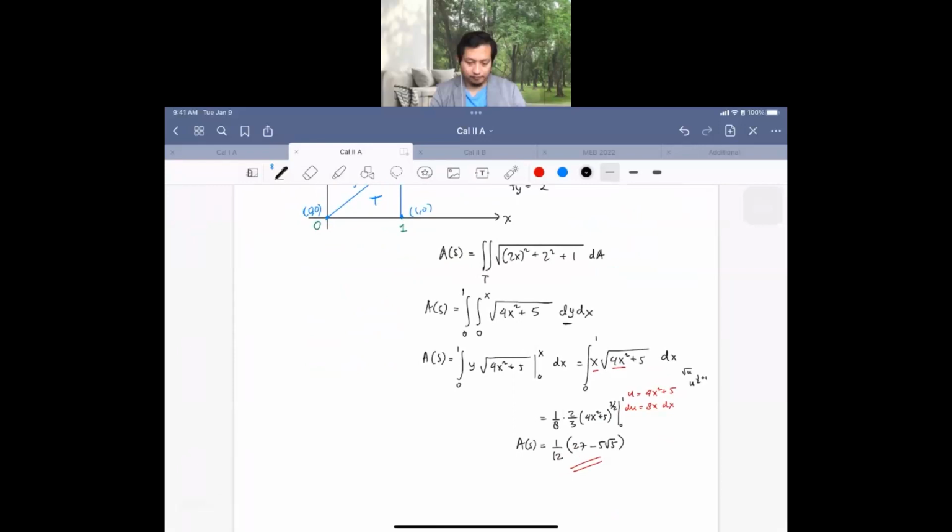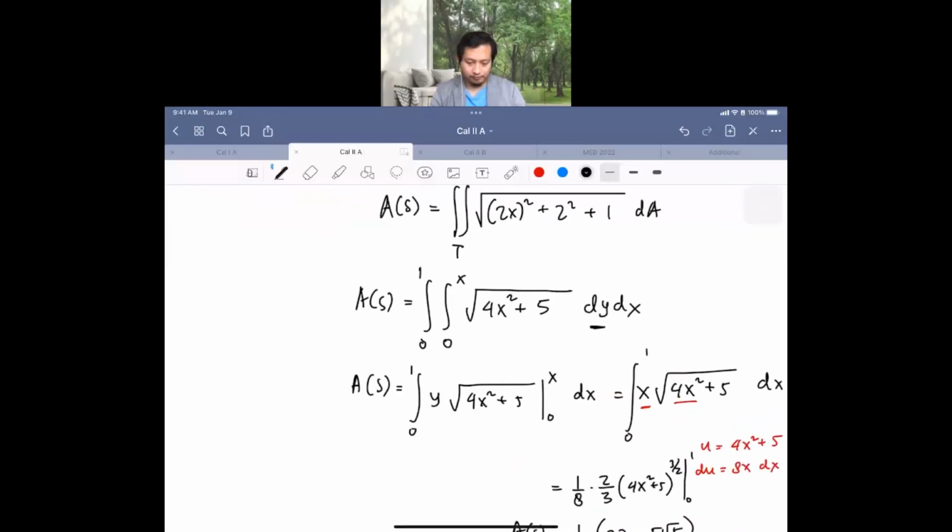Now, this example just showed that we have one variable inside.